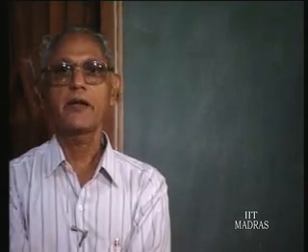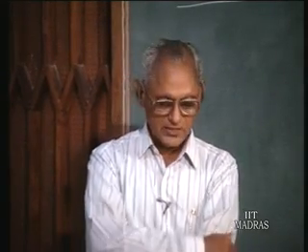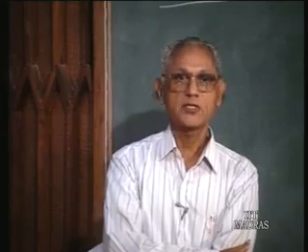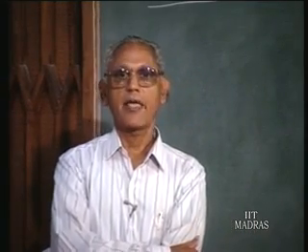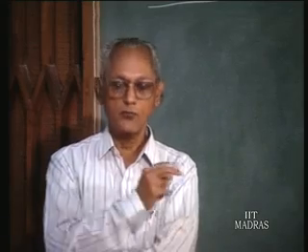After learning how to write the state and output equations, it is now appropriate for us at this time to discuss ways of solving these equations. So essentially we solve for the state vector from the state equation x dot equals Ax plus Bu. So you solve for the state vector as a function of time.